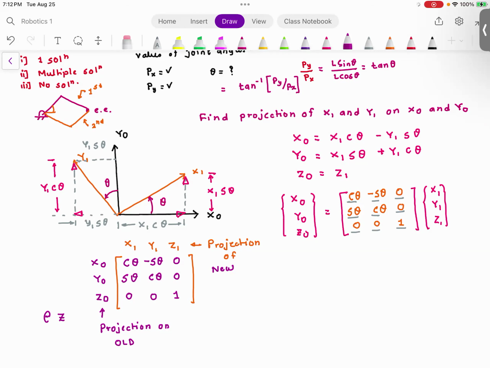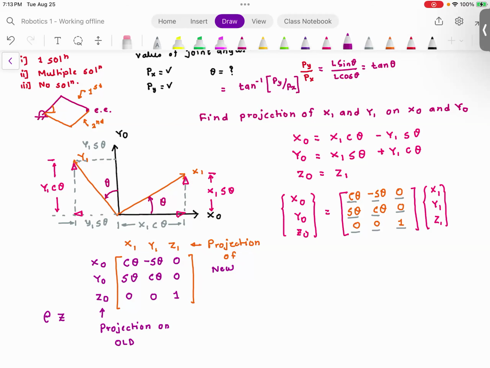But maybe I'll ask you that question in the quiz: derive the rotation matrices about x, derive the rotation matrices about y. You will follow the exact same process the way I have done. Either you can formulate the algebraic equation and convert them into matrix form, or you can use this technique, projection of the new frame onto the old frame. And you will get the same rotation matrices.